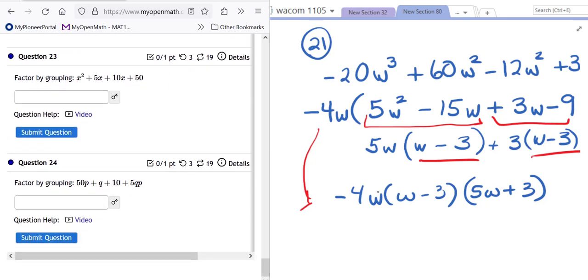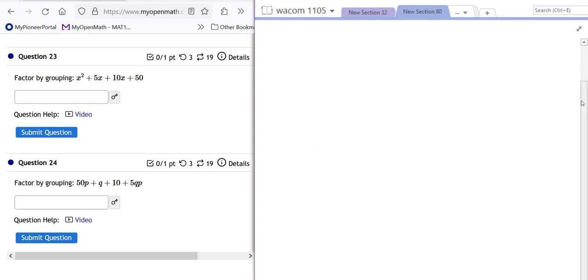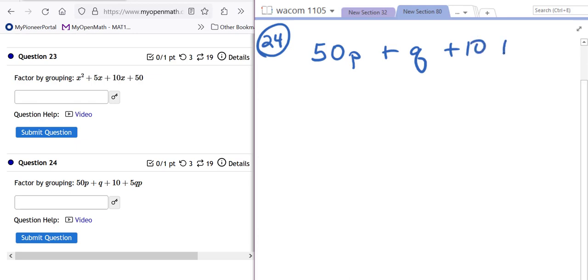On this one, I thought we might look at 24 because I am not seeing any common factor there for a grouping. If I make groups like this, I have nothing in this one that's common. I have something in the other one.